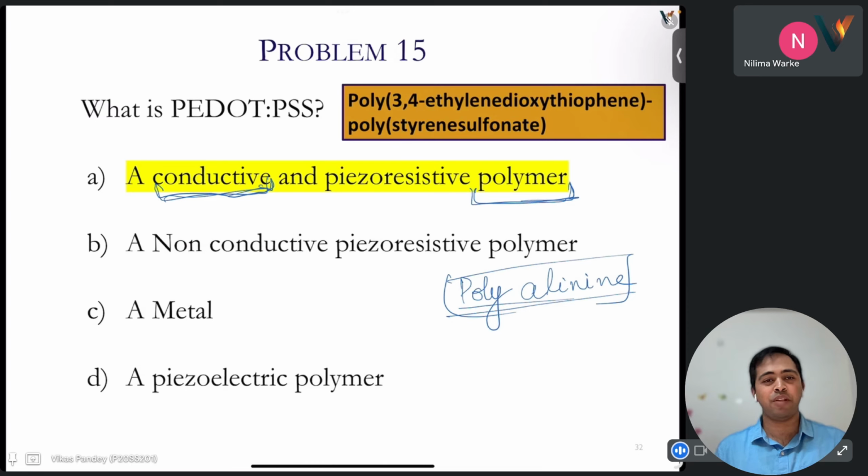You just should know that something exists, because whenever you need, you can refer to it. You don't need to remember all these chemicals. PEDOT:PSS is the short form for poly(3,4-ethylenedioxythiophene) polystyrene sulfonate. Okay, understood.